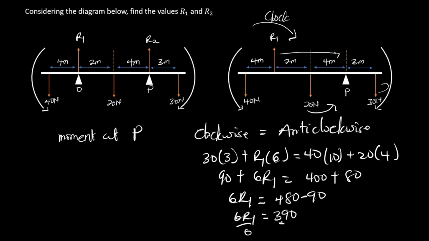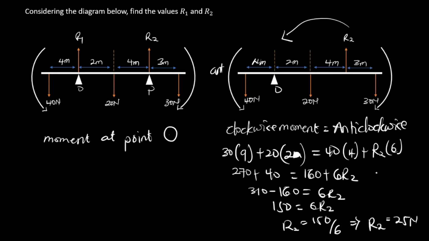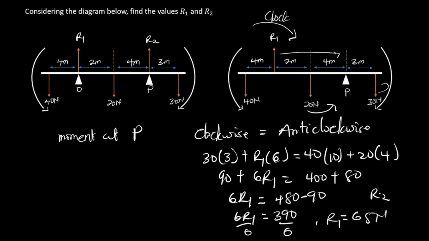If we divide both sides by 6, we get our R1 to be equal to 65 newtons. So we could say that our R1 is 65 newtons, our R2, as we solved in the previous example, is 25 newtons.